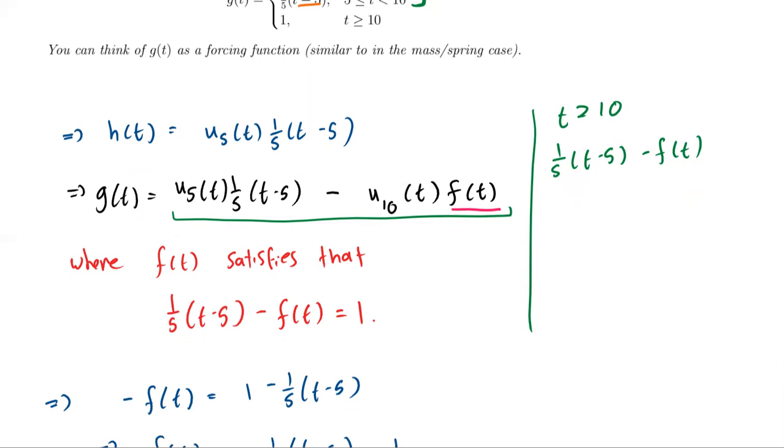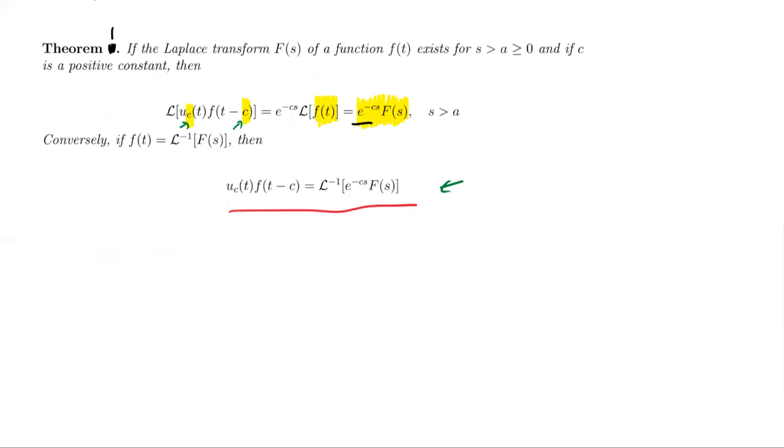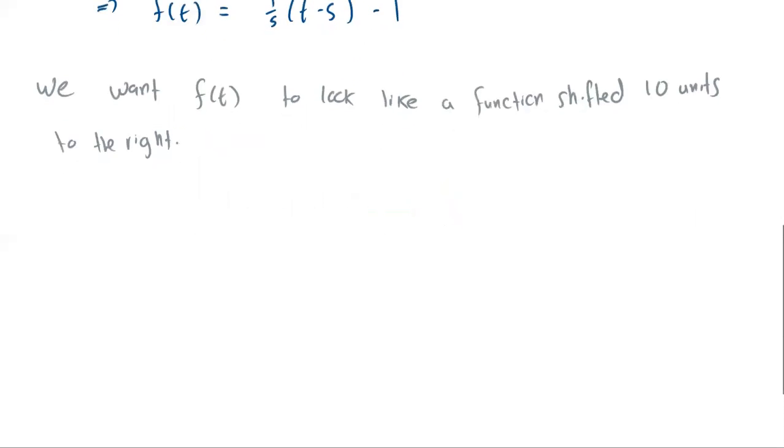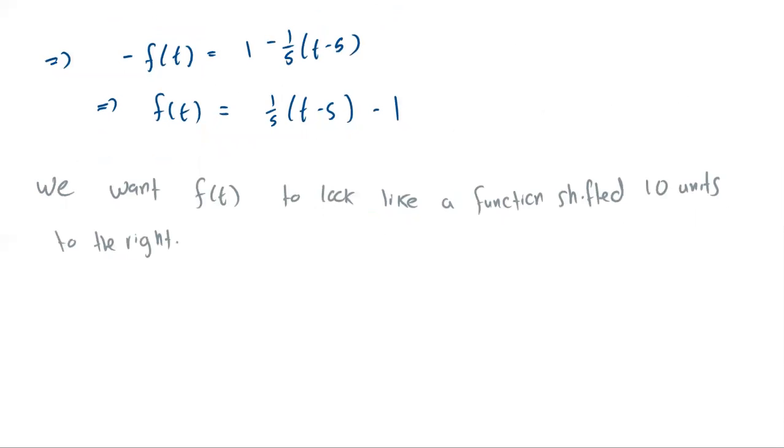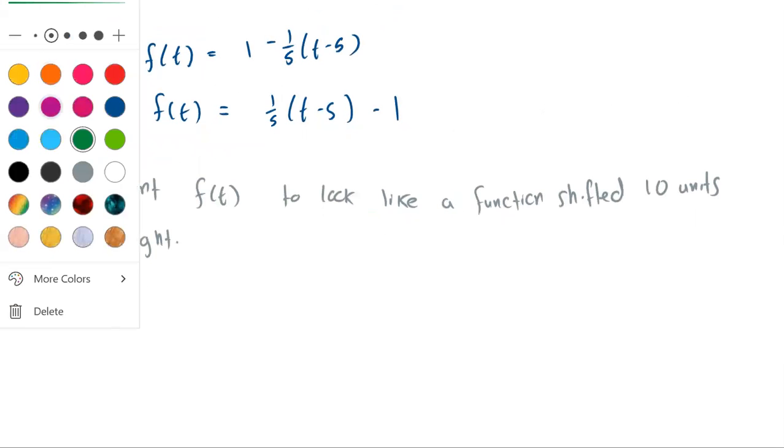But if we can write f of t as a function that's shifted 10 units, then we can simply use theorem 1 and get this simple Laplace transform formula. So as it is right now, the function f of t doesn't look like a function that's been shifted 10 units to the right. So I'm going to try to get it in that form.